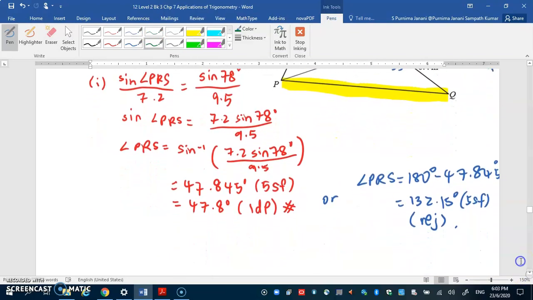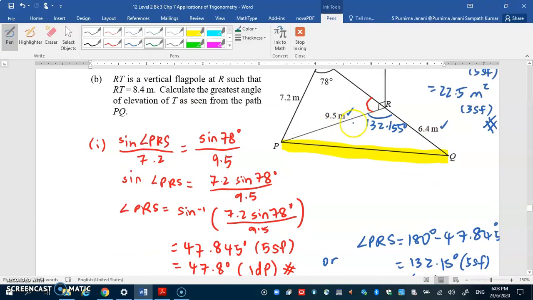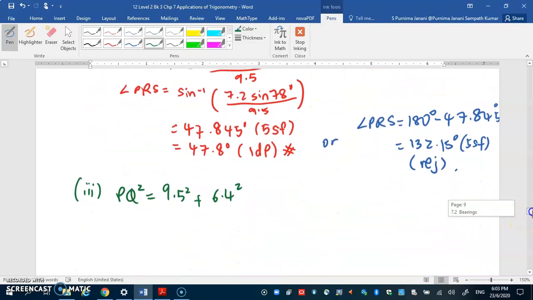Length of PQ: PQ square will be equal to the two sides, which is 9.5 square plus 6.4 square minus 2 times 9.5 times 6.4 times cosine of the angle in between, which is 132.155.